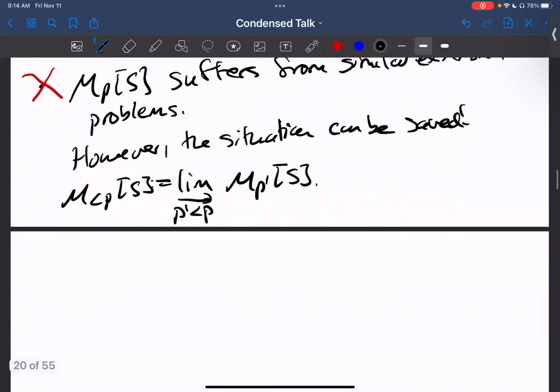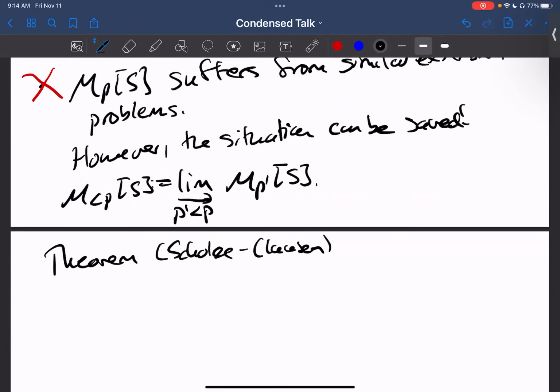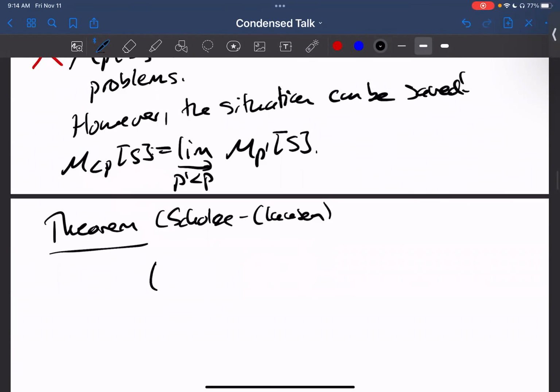All right. And then it's a theorem of Scholze and Clausen that R M_{<p} of S is an analytic ring.